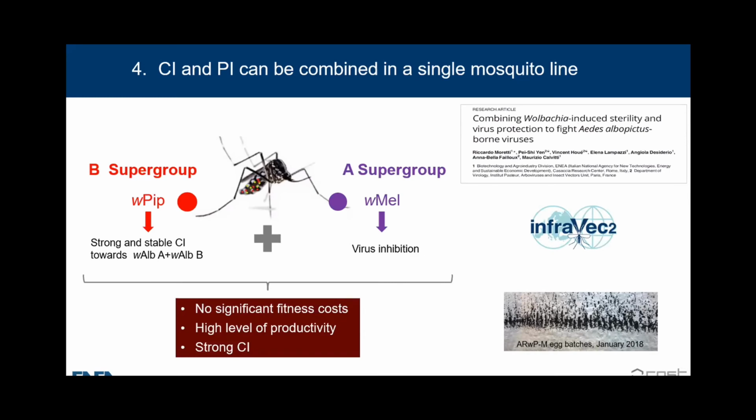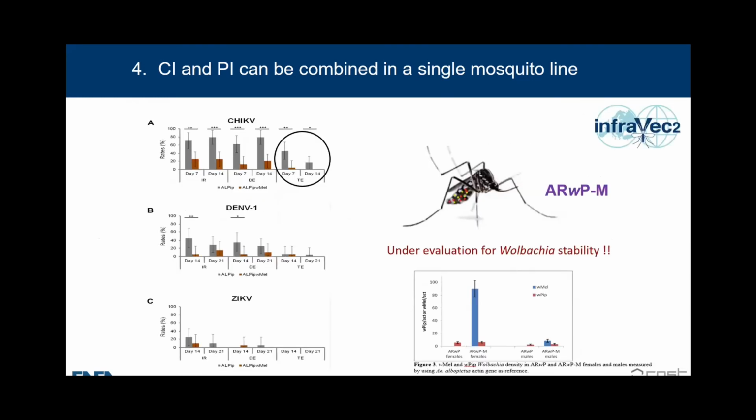We proved that this line is incompatible thanks to the strong action of the wPip strain, and at the same time its vector competence was significantly reduced.